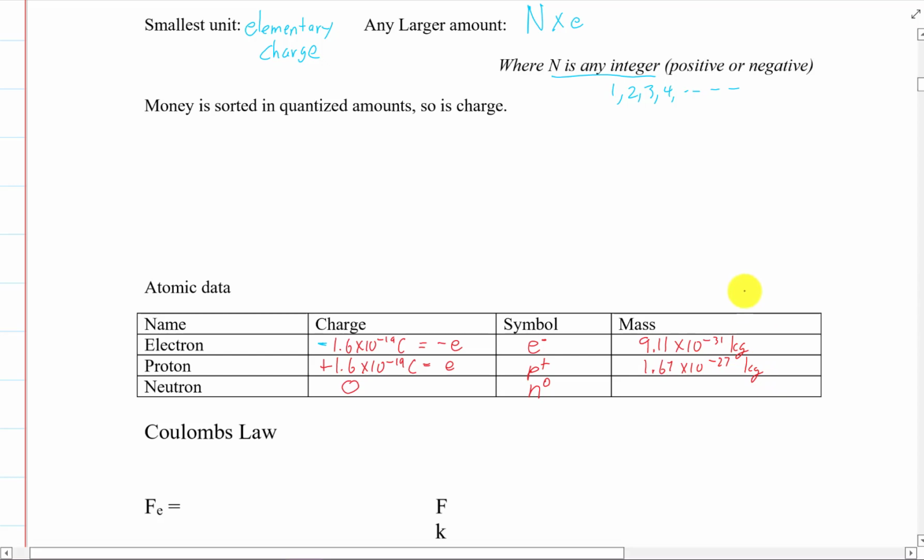What's the mass of a neutron? You'd think that it's the same as a proton. It's not. Yes? 1.68 times 10 to the negative 27th.